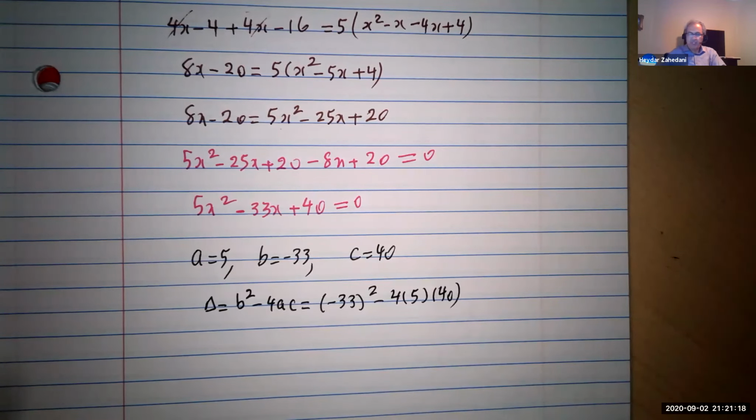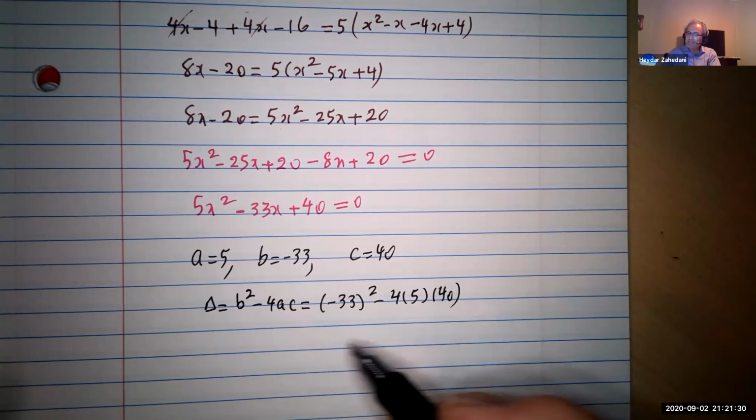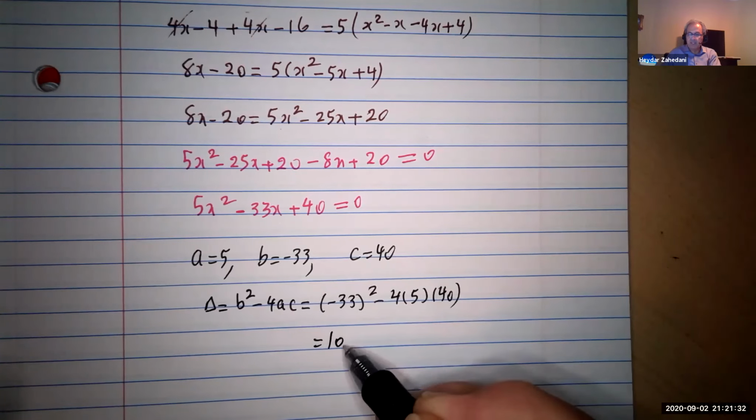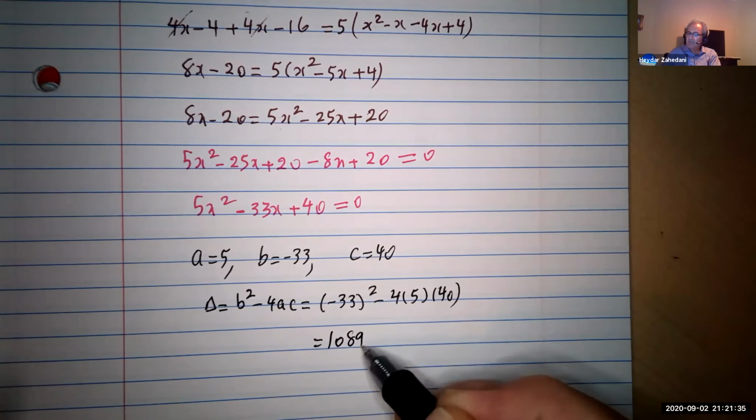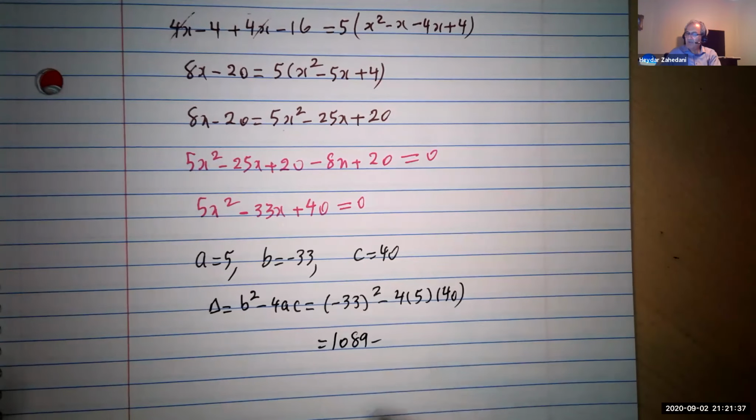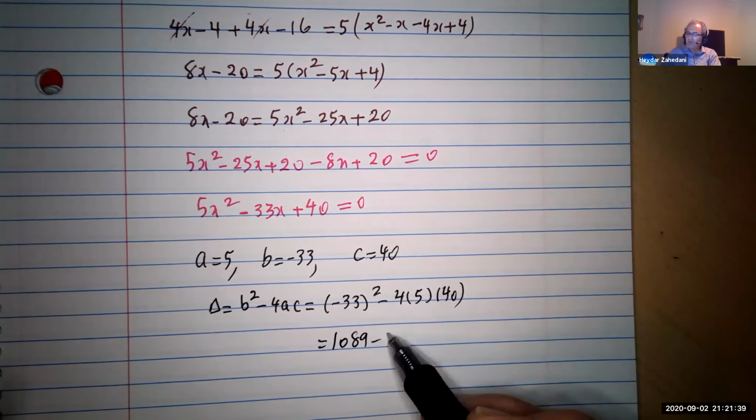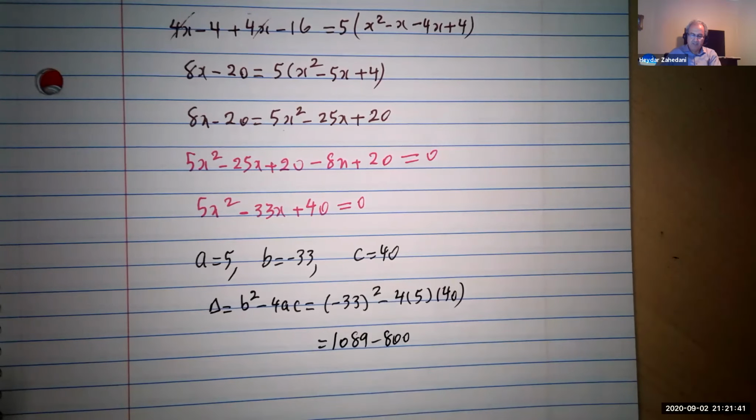We have to check what 33 squared is. It's going to be 33 times 33, so that gives you 1089. And over here, that gives you 800. So that is going to be 289.